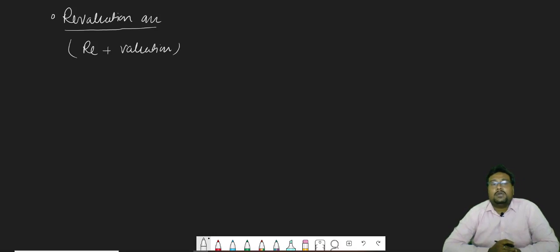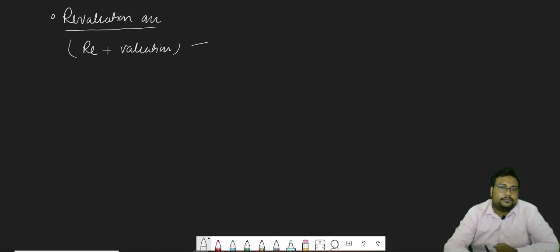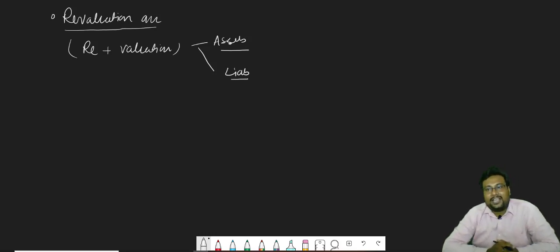Revaluation account is opened at the time of admission of a partner or when the firm is reconstituted other than dissolution. And why are we doing this? To revalue the assets and liabilities. So to revalue the assets and liabilities, we open the revaluation account.